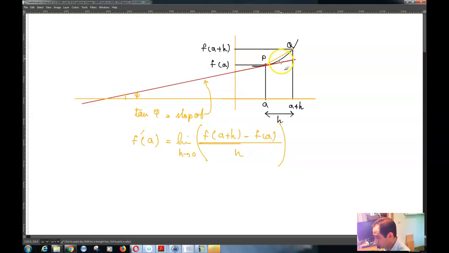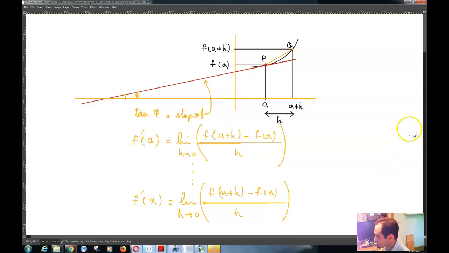Then, based on a couple of triangles over here and so on, we got this relationship, which was f prime of x is equal to the limit of f of x plus h minus f of x over h when h tends to 0.